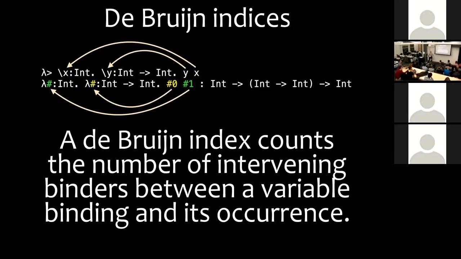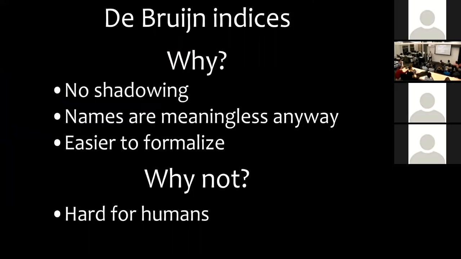So an easy question right now is, why do this? There are several answers. We don't have to worry about shadowing anymore. Shadowing is when you have multiple variables, all of the same name, but there's one that's more local than the others, and that's really the one you mean, and that can be awkward in a language implementation. As I said, the names are meaningless anyway, right?